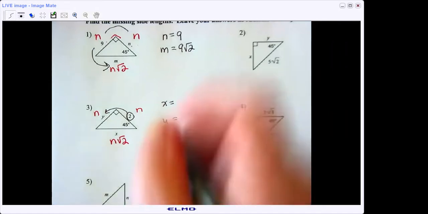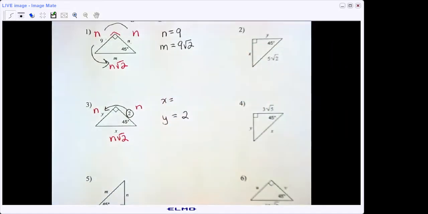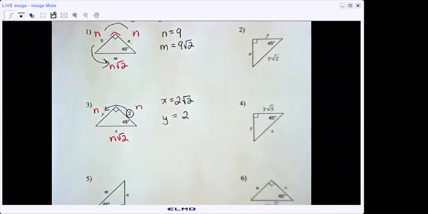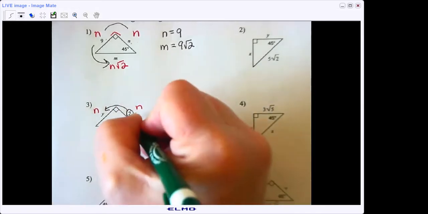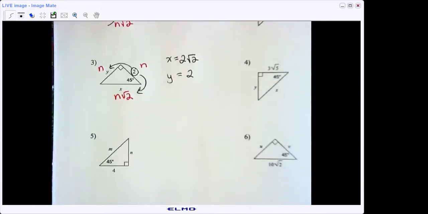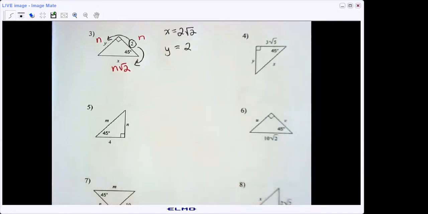Good. And what does that make x? 2 square root of 2. Perfect. You're done. See, that's why I said some of these, there really is no math to show, and I know that. So I'm okay with it. But once we find n, we put it there. Sometimes I like to draw the arrows for my students so that they can see the relationships.